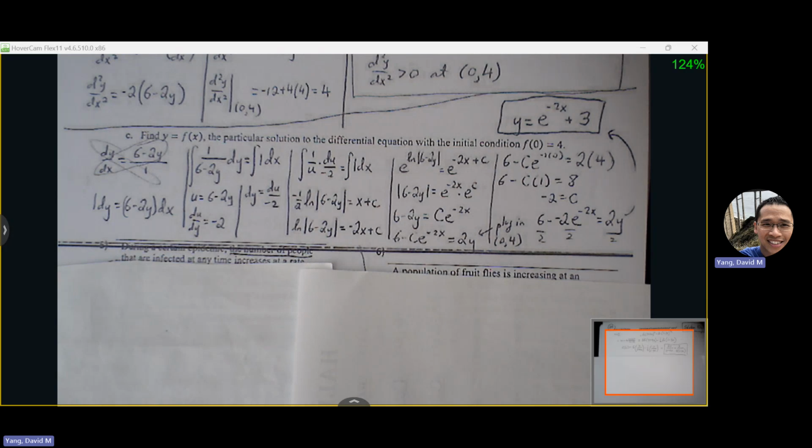I decided to clean up and solve for y first. Or at least, I think, no, what I did was I cleaned it up to a stage where it was easier for me to solve for C. I went ahead and solved for C, and then I went back and solved for y.